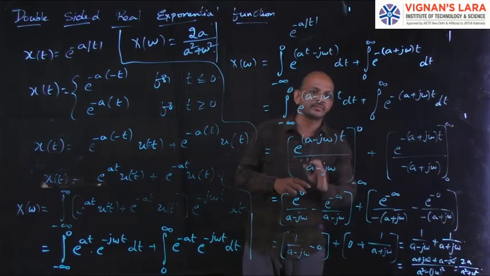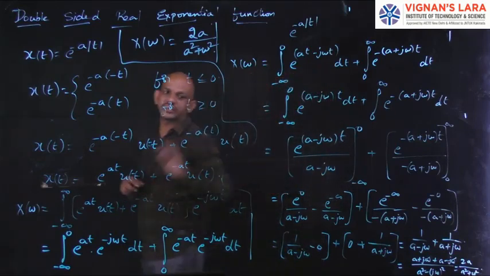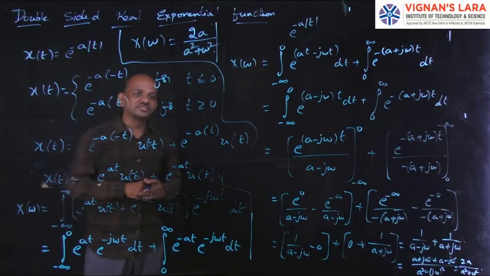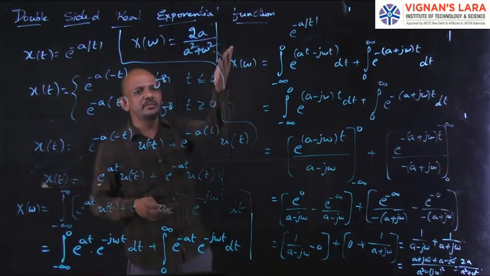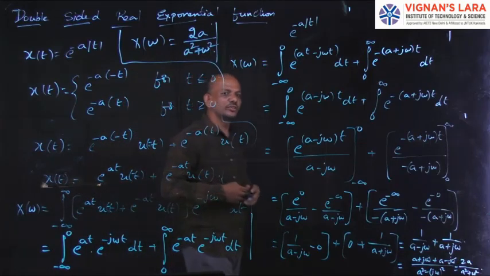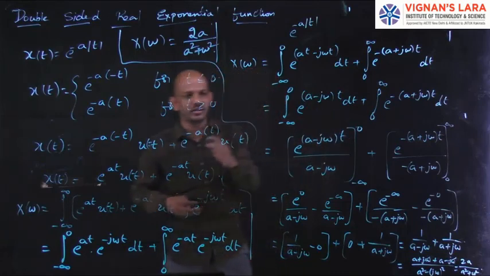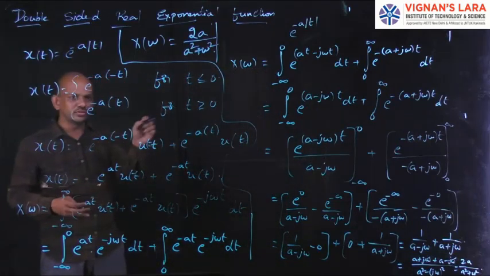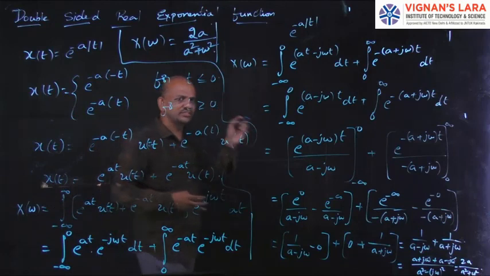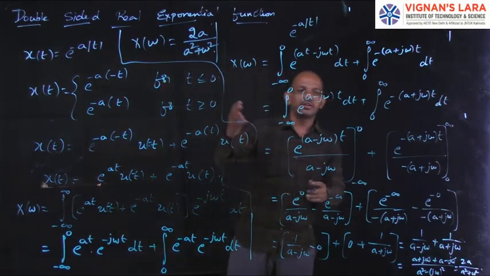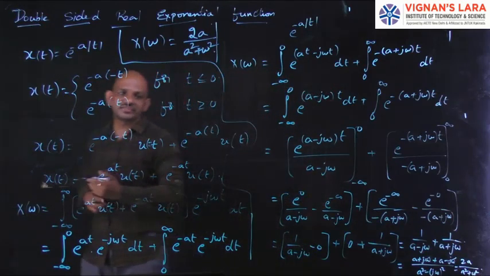What about phase spectrum? There is no imaginary part, that is tan inverse of 0, that is 0. So for all values of omega the phase is 0. So you can draw the magnitude spectrum and phase spectrum.